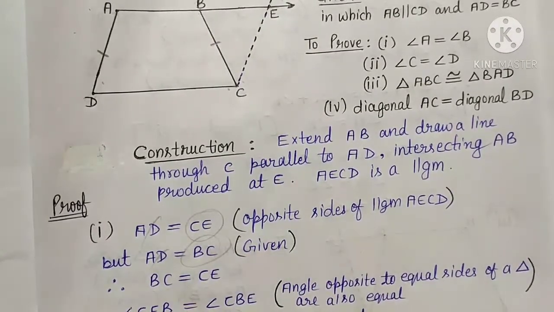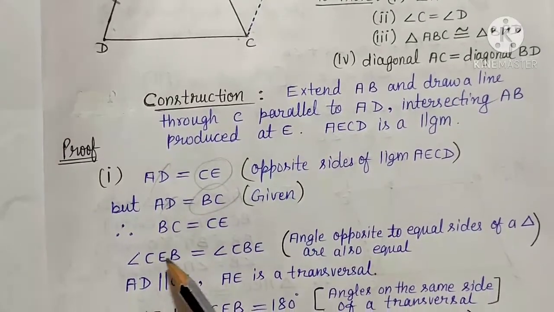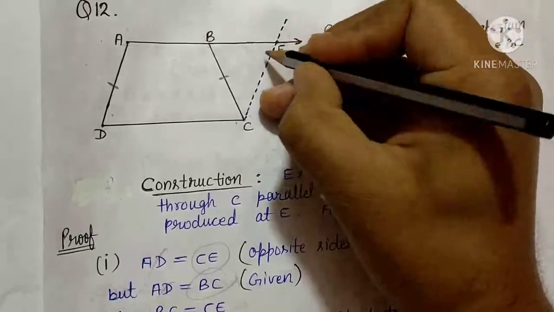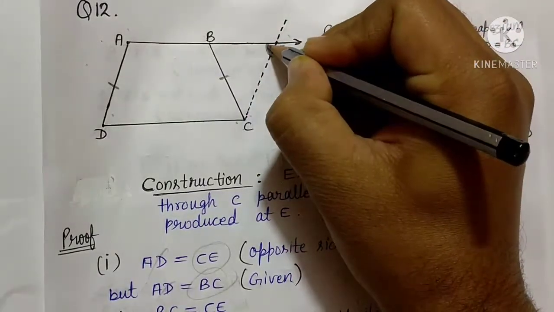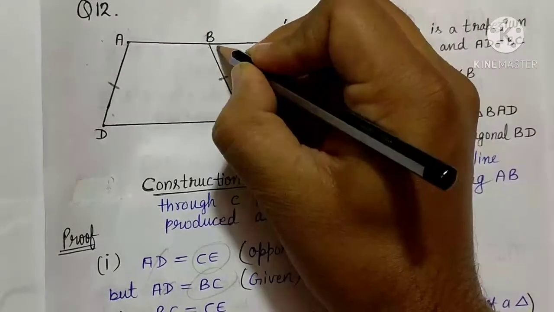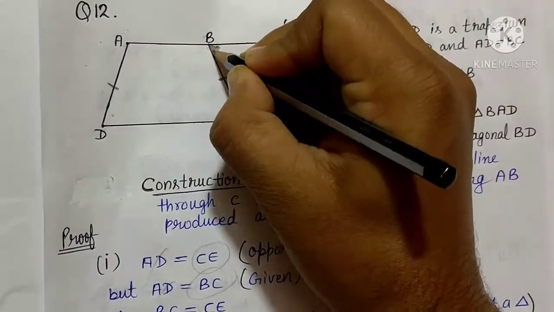Now we are saying that angle CEB is equal to angle CBE. Just check here. CEB means this angle, and we are saying it equals angle CBE, this angle. Why are these two angles equal?